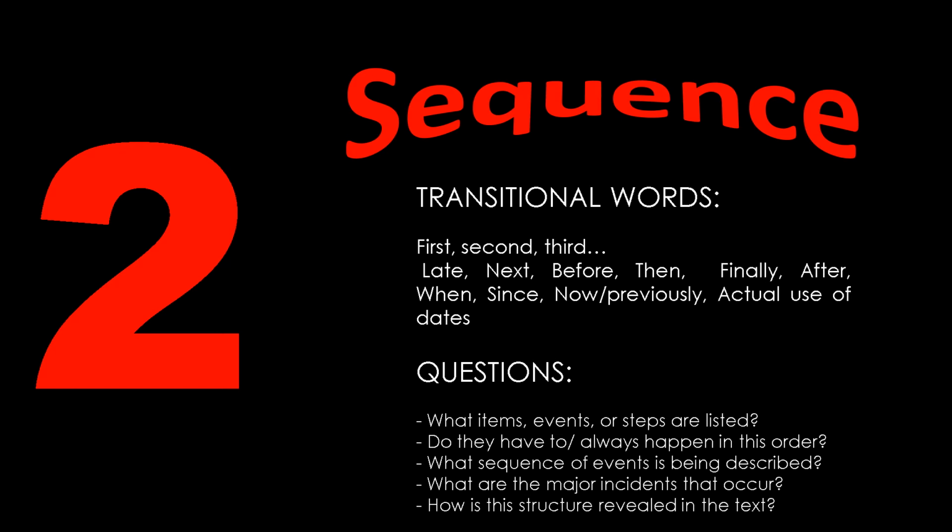What items, events, or steps are listed? Do they have to always follow or happen in this order? What sequence of events is being described? What are the major incidents that occur? And lastly, how is the structure revealed in the text?